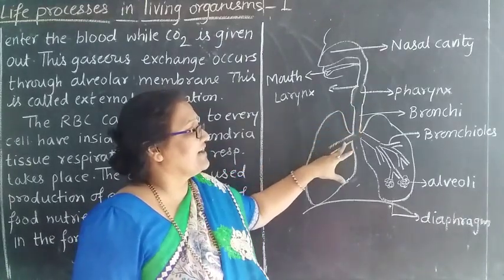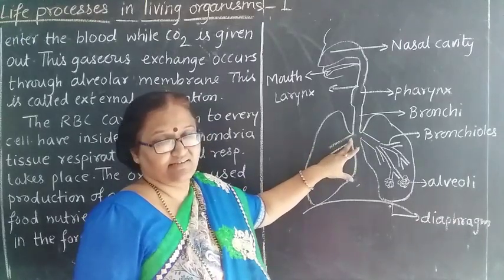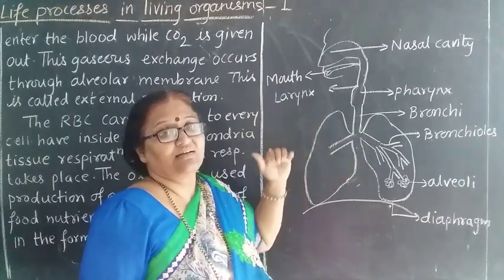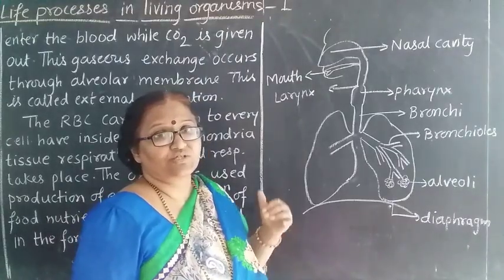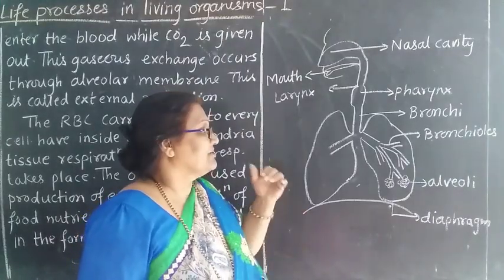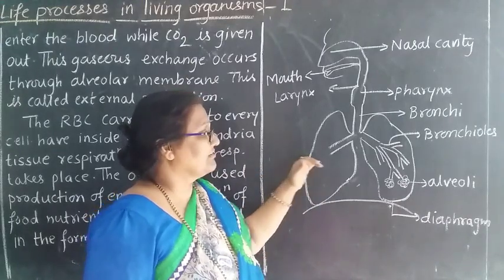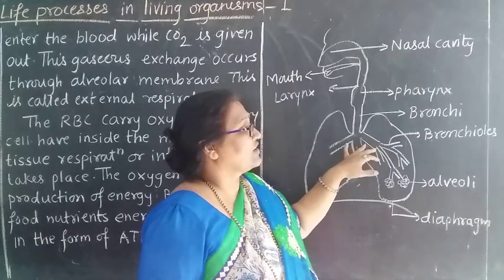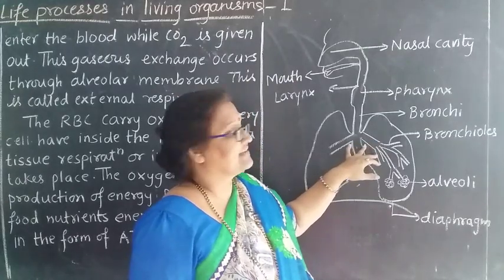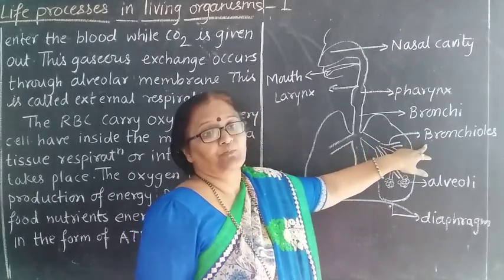The bronchi divide into bronchus. They divide into two parts. The left bronchus goes into the left lung, and the right bronchus goes into the right lung. The bronchi are further divided into the bronchioles.